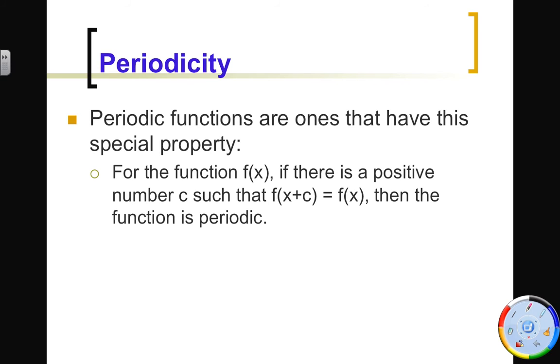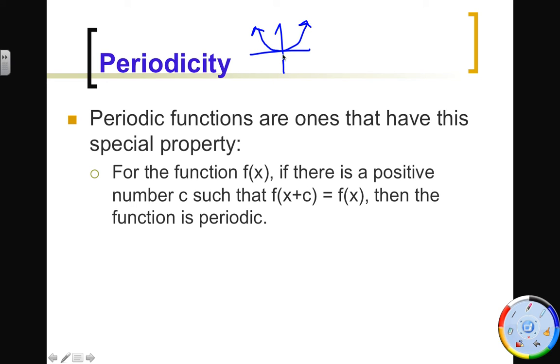In our function f of x, there is some number that we could add to x that it just comes back to the same number. Meaning, this is kind of weird if you think about it. This is like a horizontal shift that comes back to the original function. Can you think of any function that would do that? Like, let's think about a quadratic.